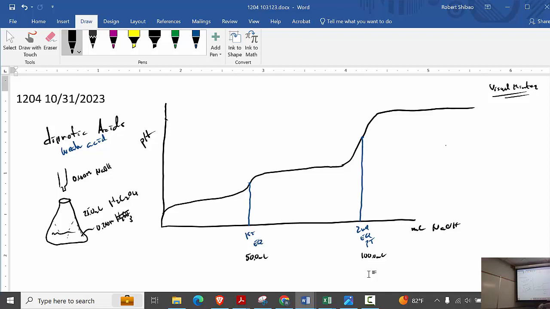We just need an extra big, extra large burette. Otherwise, this would be a hassle.